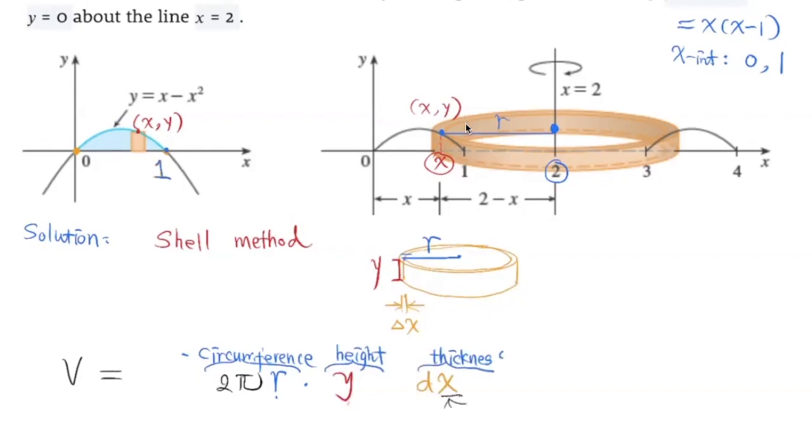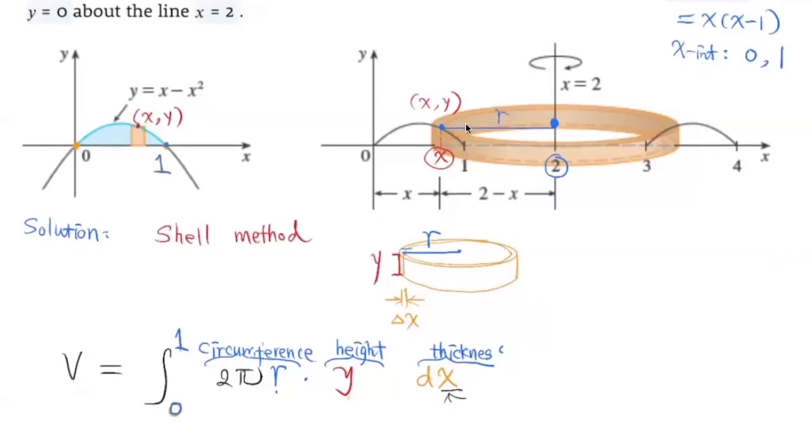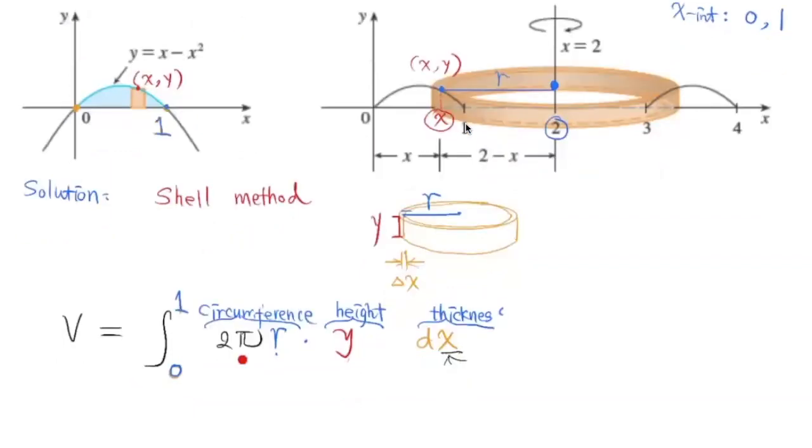Now we integrate to put all those shells together to get the whole volume. So x over here will go from 0 all the way to 1. So it's this integral from 0 to 1. Now this is an integral with respect to x. We want to express all of this in terms of x. So the r over here is from here to here. So we will subtract the x coordinate of this from the x coordinate of this.